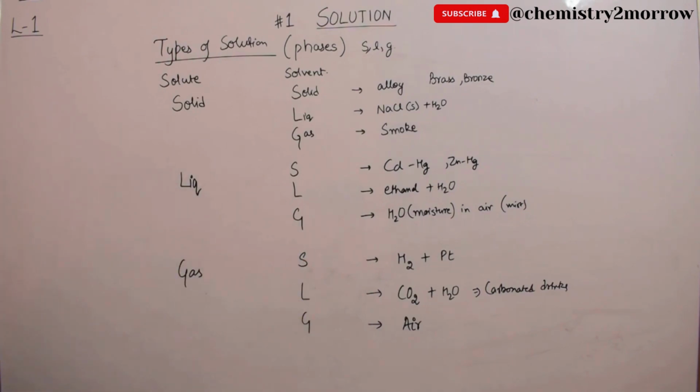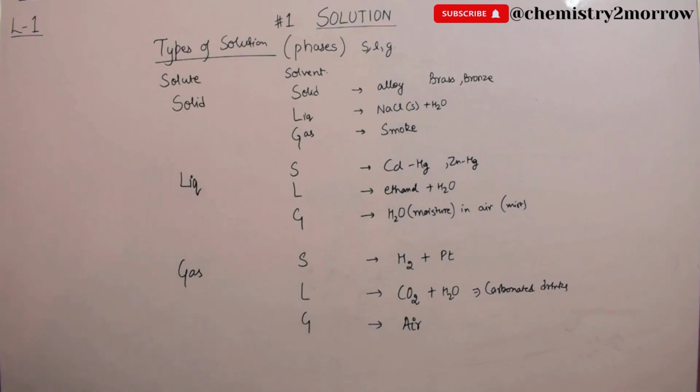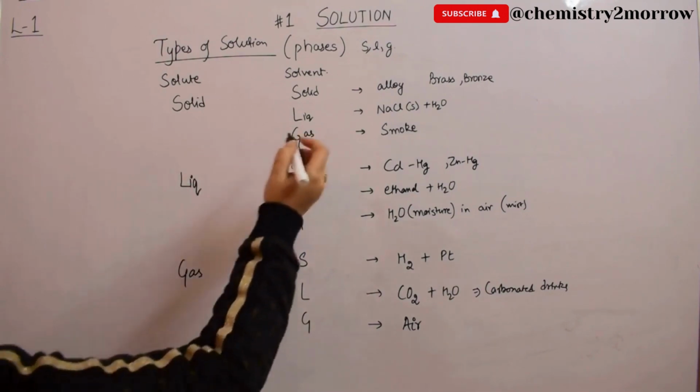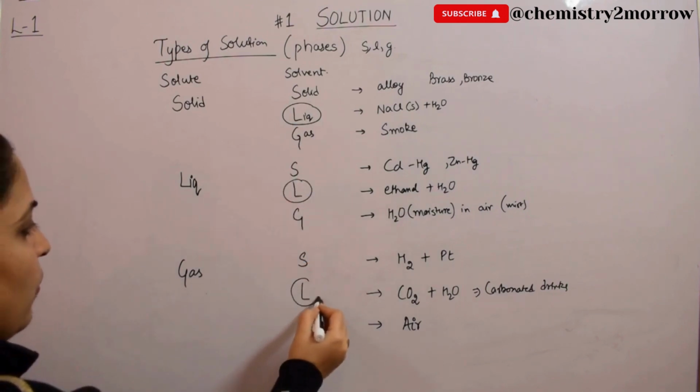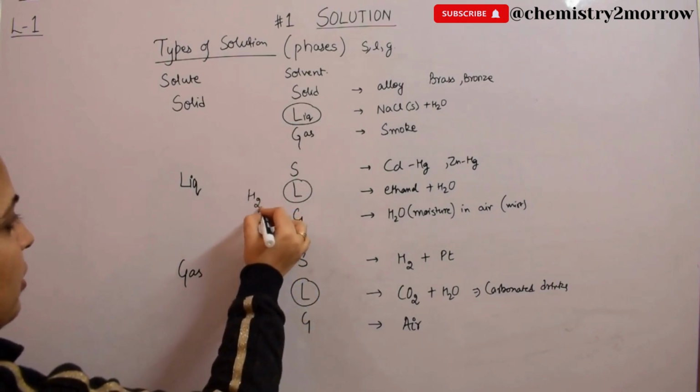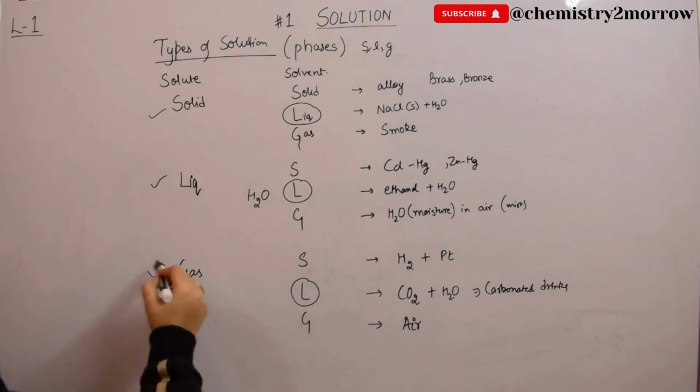The basic thing is what we are going to study. So in this unit we are going to study solvent that is always going to be liquid, and water in this case. And solute can be solid, liquid and gas.